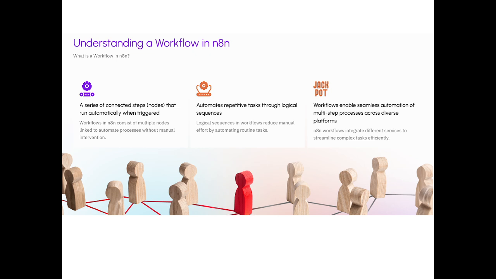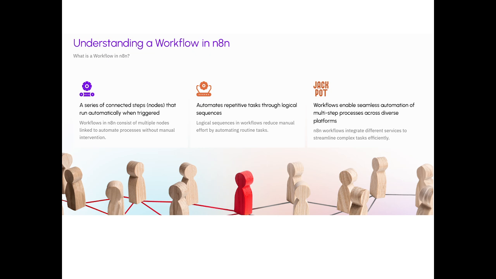So let's start downloading and installing Docker. Why are we using Docker? Because if we install n8n directly, we'll get a 14-day trial. But with Docker, we get it free.